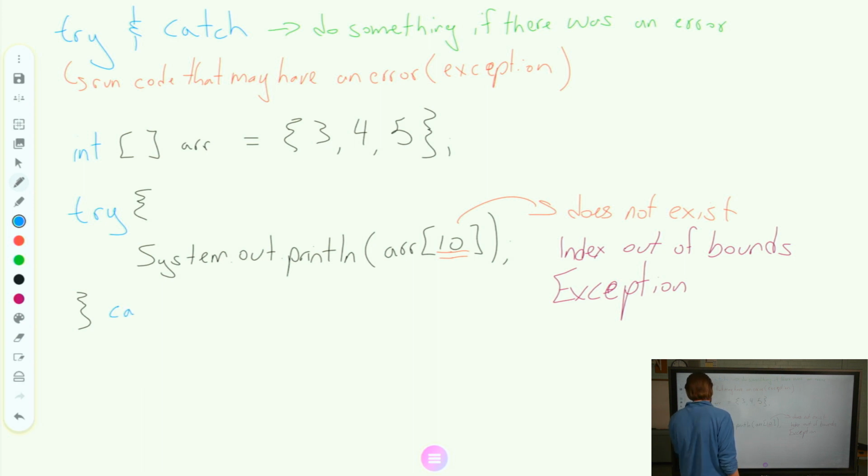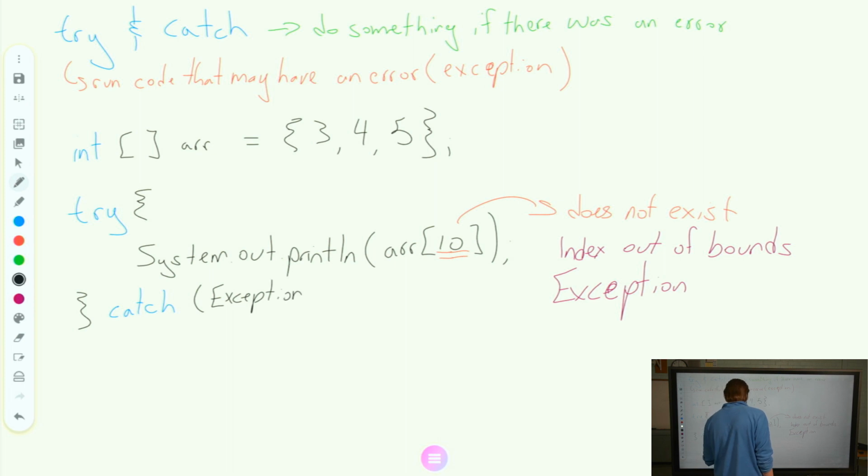Lowercase c, catch. And then we're going to have what kind of exception we're going to catch. So we open up with a single parenthesis, and we write the exception class that we're going to bring in. This is a basic exception.